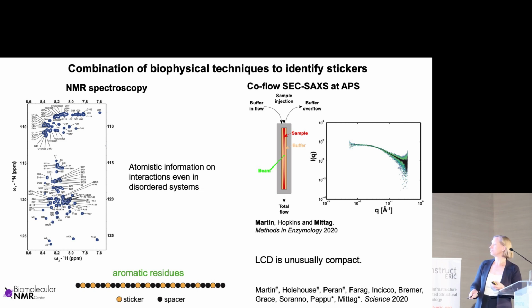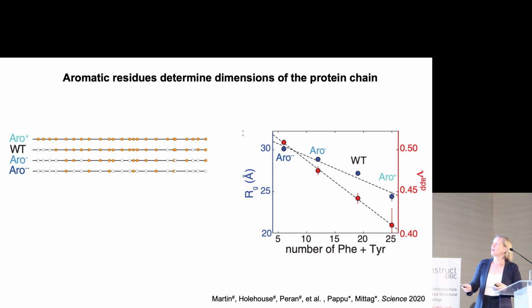and therefore were probably important for its phase separation. And then to test this, we titrated the number of aromatic residues in the sequence, enhanced it by 1/3 or reduced it by 1/3 or 2/3 of the number of aromatic residues, and that had a strong effect on the single chain dimensions.